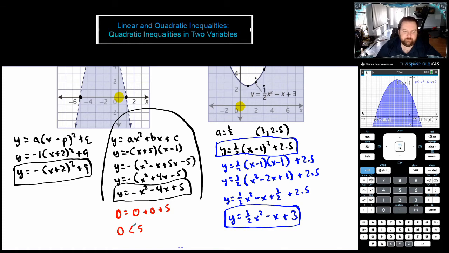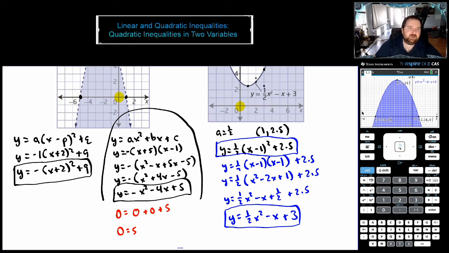And if you're wondering why I put the less than, it's because I was trying to make the statement true, right? I have an equation here that said 0 equals 5, and that's by plugging in 0.